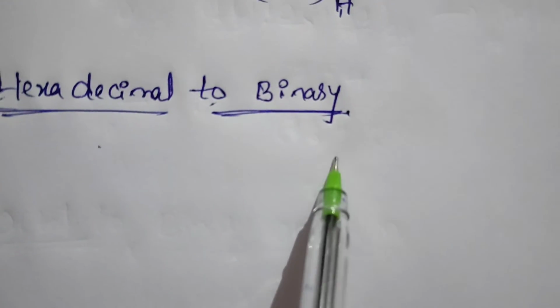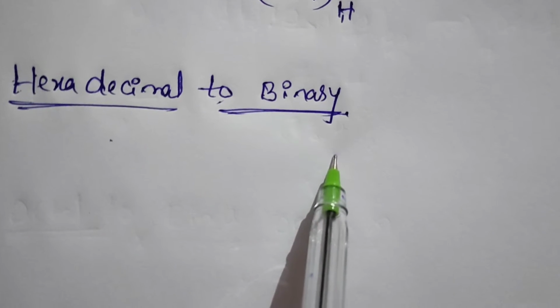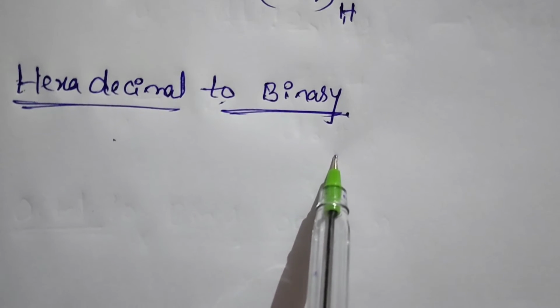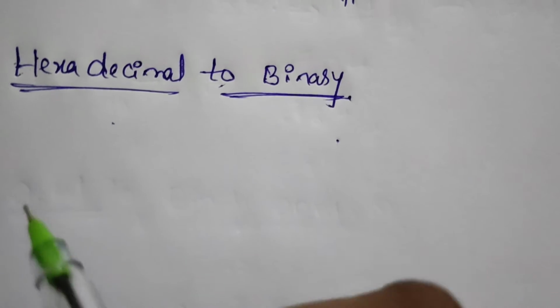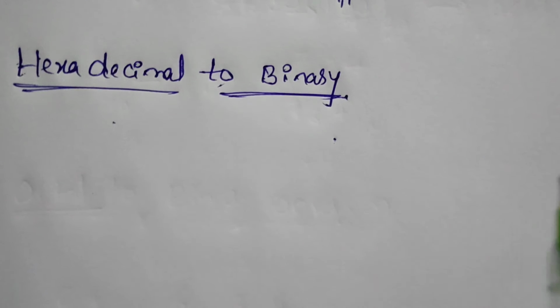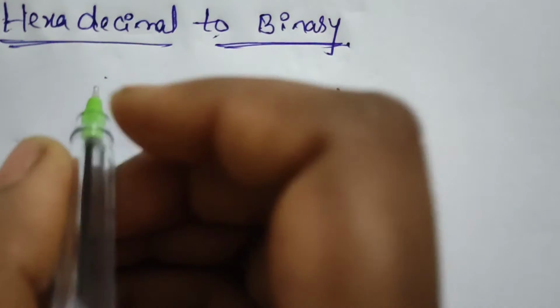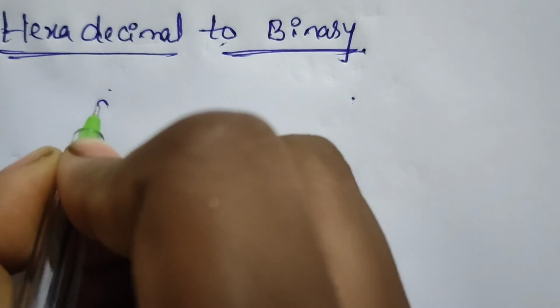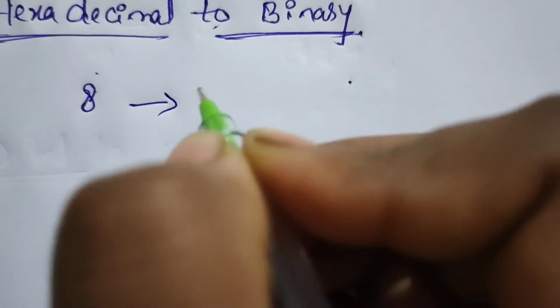Hexadecimal to binary. This is the reverse operation of binary to hexadecimal. In hexadecimal to binary conversion, each hexadecimal digit is converted to binary with 4 bits. That means a value of hexadecimal, say let us take 8, is represented with 4 bits.